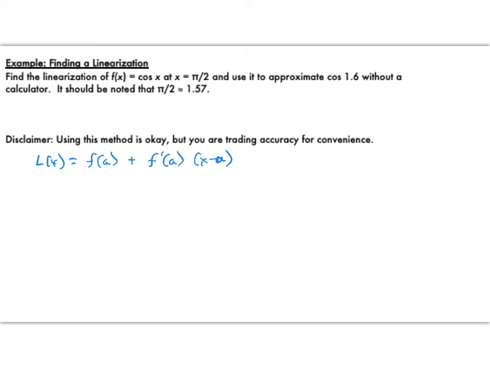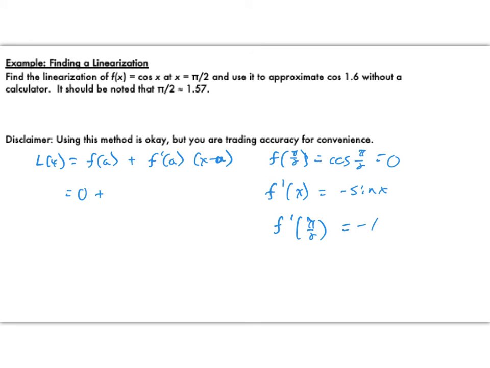Let's find out what f of a is. Our a is pi over 2, so f of pi over 2 is the cosine of pi over 2, which is 0. That's going to be good news. Now let's find the derivative, and that's, of course, going to be negative sine of x. I want to find out what f prime of pi over 2 is.